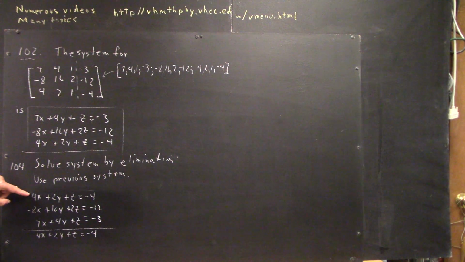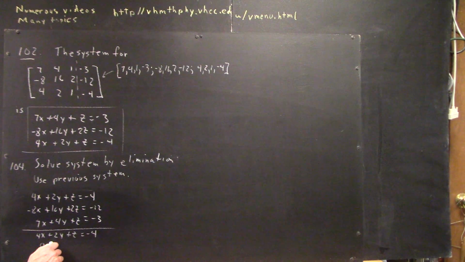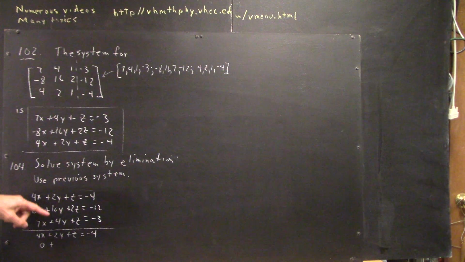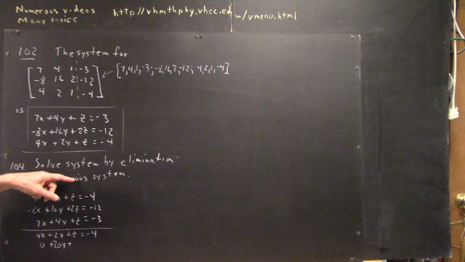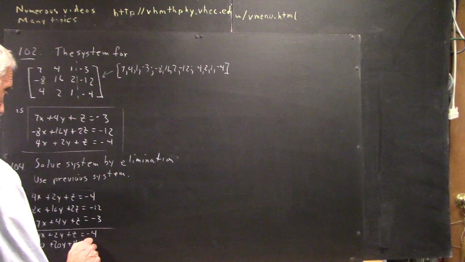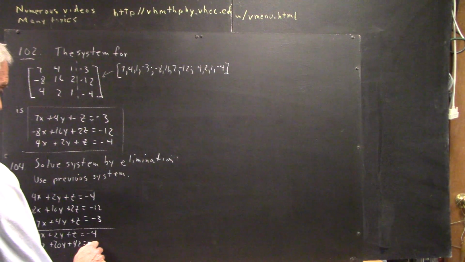I'm going to get 8x here if I double the first, and I have a negative 8x, which is going to give me 0. And then double this is 4y added to 16y is 20y. Double this added to this, 2z and 2z is 4z. And double the -4, I get -8 added to -12 is -20.